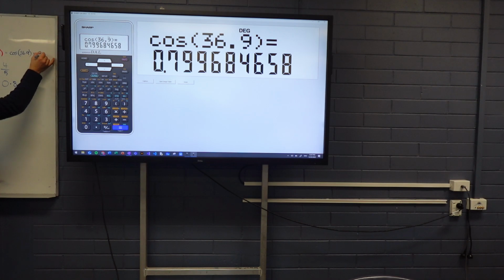Round it to 1 decimal place, you basically get 0.8. So what you in fact discover is that sin of theta is the same as opposite over the hypotenuse, and cos of theta is the adjacent over the hypotenuse.